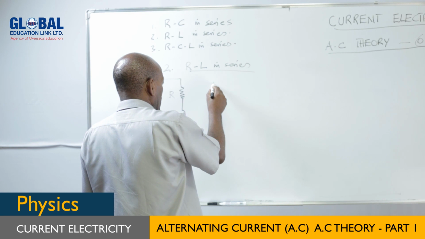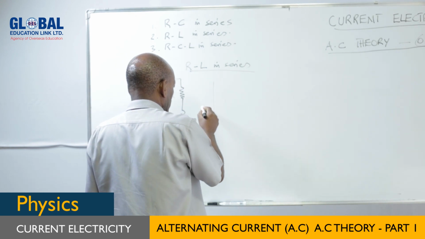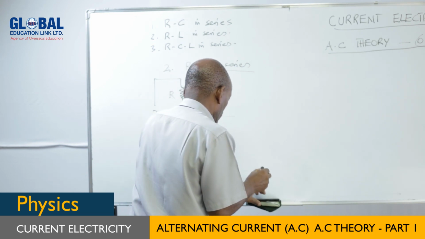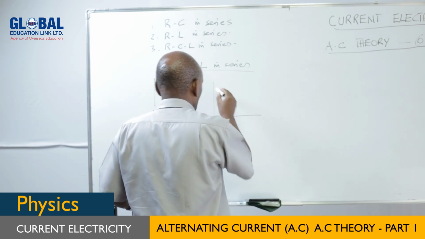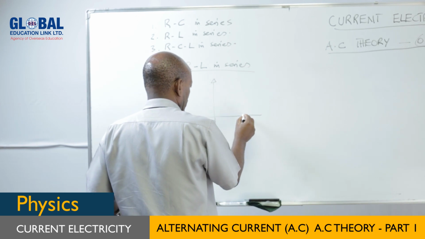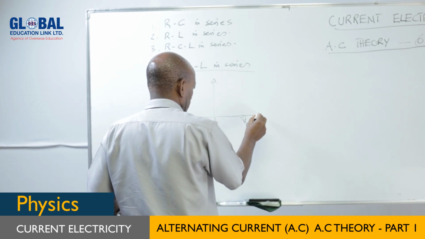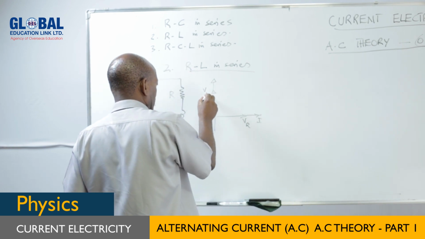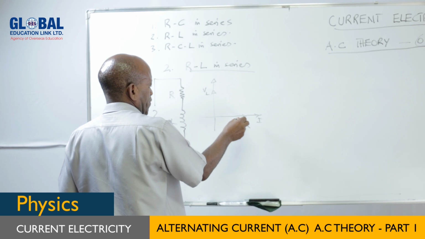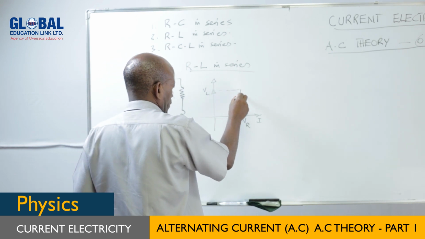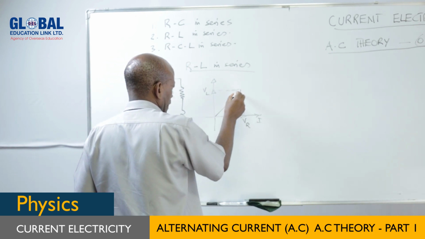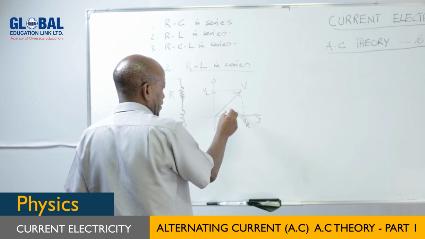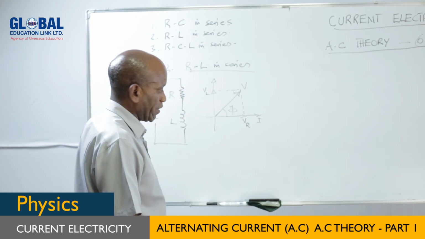We can obtain this using the phasor diagram. If I draw it for you, you will find that we are just going to have this kind of a graph. That is, the voltage through a resistor is there, and this will be the direction of the current. But the voltage through an inductor leads the voltage through a resistor by 90 degrees, so that the applied voltage across the combination V is acting over there, and it is leading by this particular angle phi.